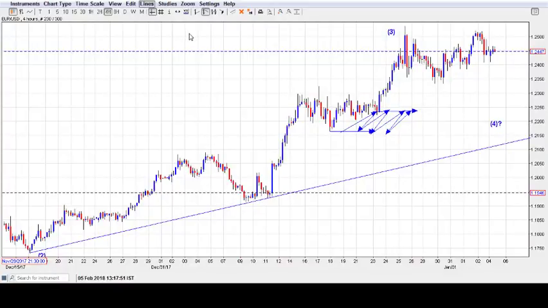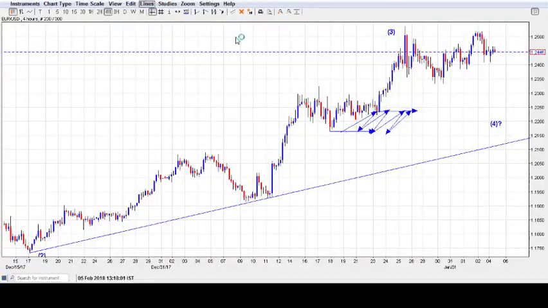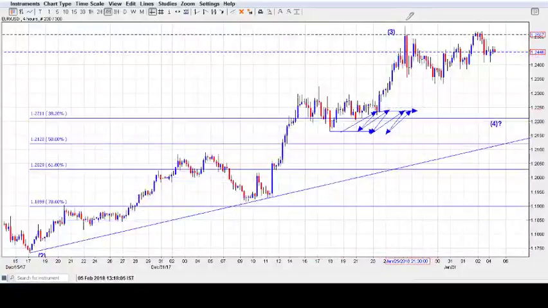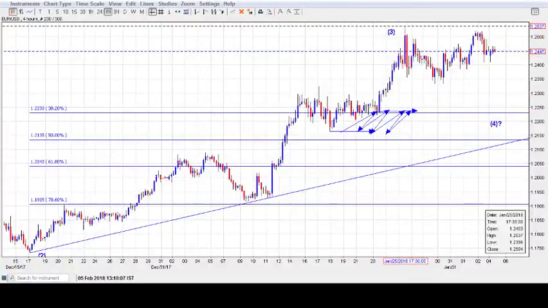And the Fibonacci ratios I'm going to spread across the third wave now. There you are.